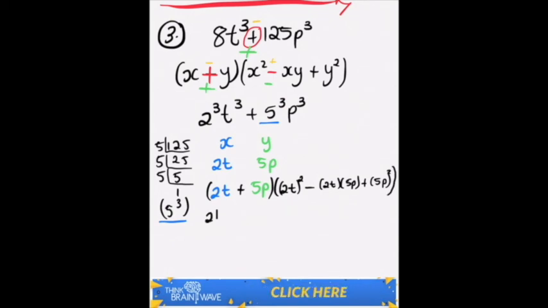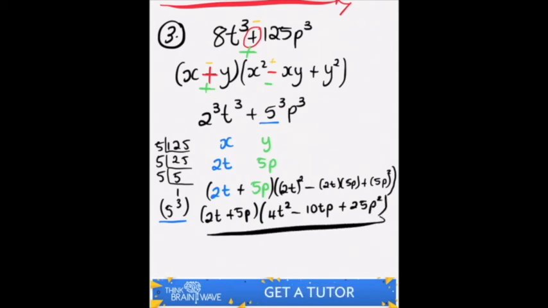Let's clean it up and see how it looks. So you've got 2t plus 5p. You then open the next set of brackets, and that would be 4t squared minus 10tp plus 25p squared. That is your answer. Easy game.